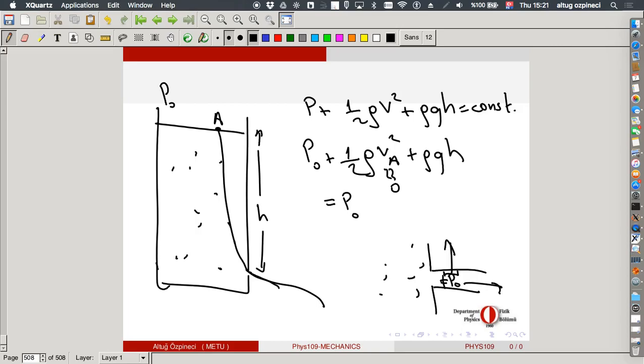Imagine there is no hole. No, when it reaches steady state, it won't be.